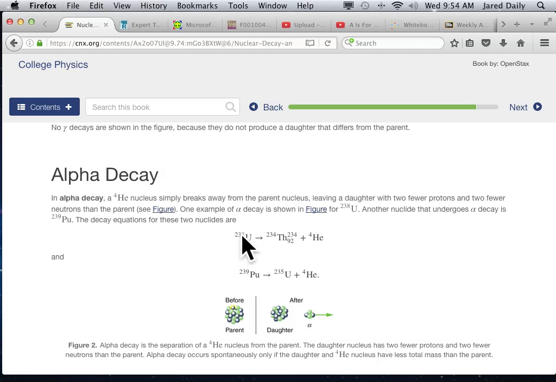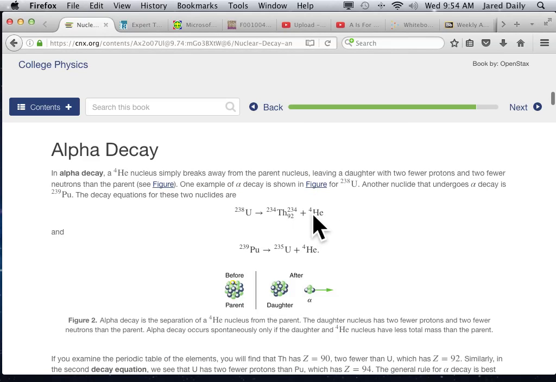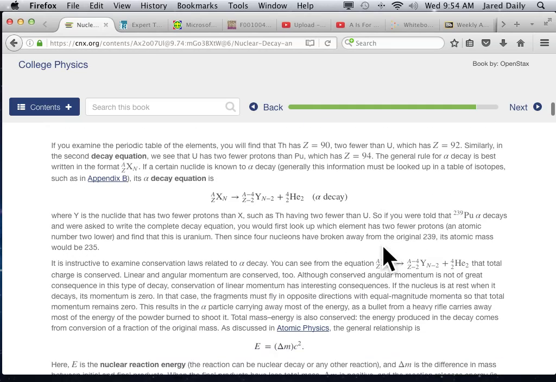We put the little number up here on the left side as a superscript. That tells you the overall mass number, the atomic mass number, so the sum of the neutrons and protons. And then you show what it becomes, thorium-234, 92, and then 4 helium, and then thorium becomes uranium again, and so on and so forth. But this 4 helium is, of course, the alpha particle.